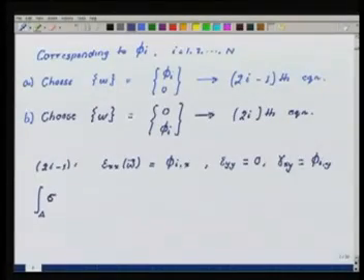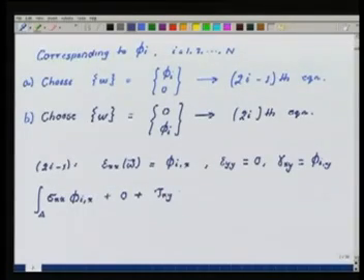I put it in my weak form, so I will get integral over area sigma xx due to the finite element solution into the strain due to this, which is phi I comma x, plus sigma yy into the strain due to this displacement, which is 0, okay, plus tau xy into the strain due to this W, which is phi I comma y dA. This is equal to integral over area of f1 into phi I dA, okay.